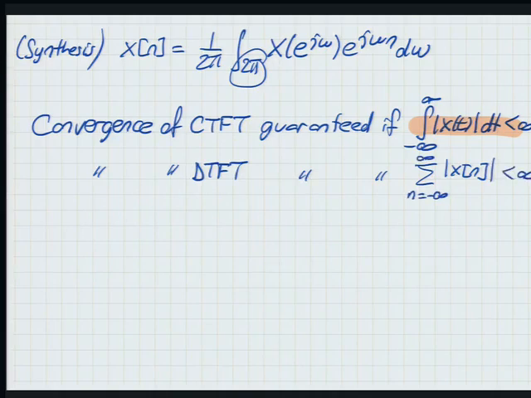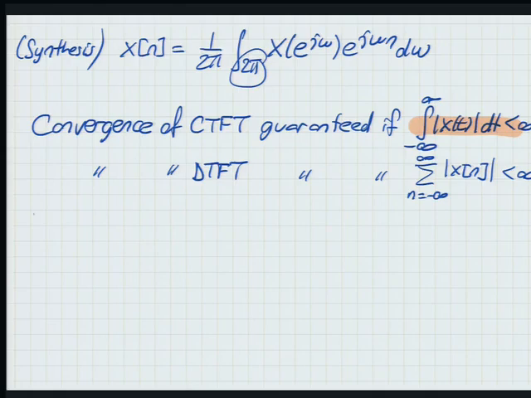Okay, so that again is a sufficient condition for the existence of the Fourier transform in discrete time. Similar extensions exist using deltas, etc. So I'm not going to repeat those. I knew I could only do that once, and I did it already for CTFT. So similar things work for DTFT as well.